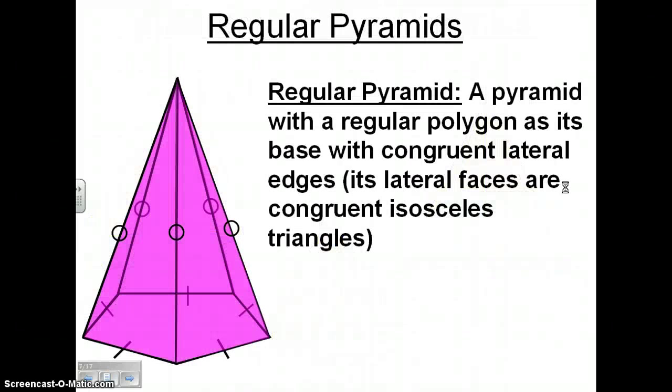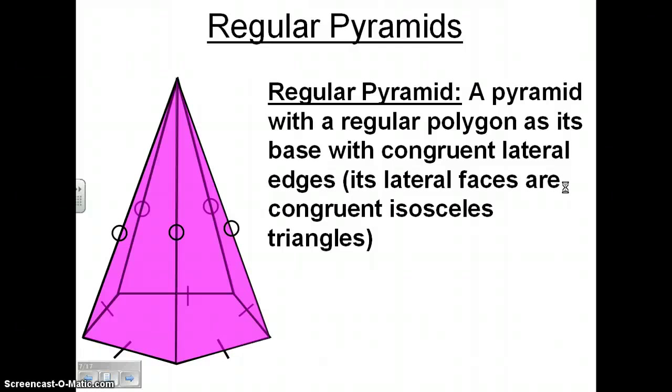A regular pyramid. I know we talked about a regular prism, but think about the fact that it's not possible for the lateral edges to meet at a right angle with the base. It wouldn't be a pyramid if so. So a regular pyramid, all that means is it's not a right, but it's a pyramid with a regular polygon as its base.